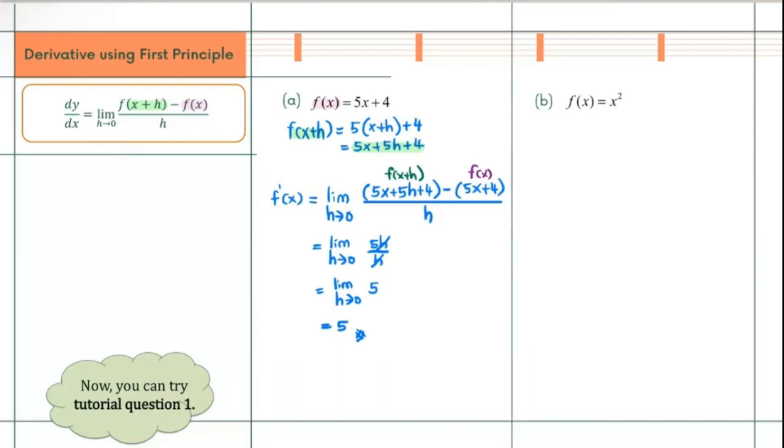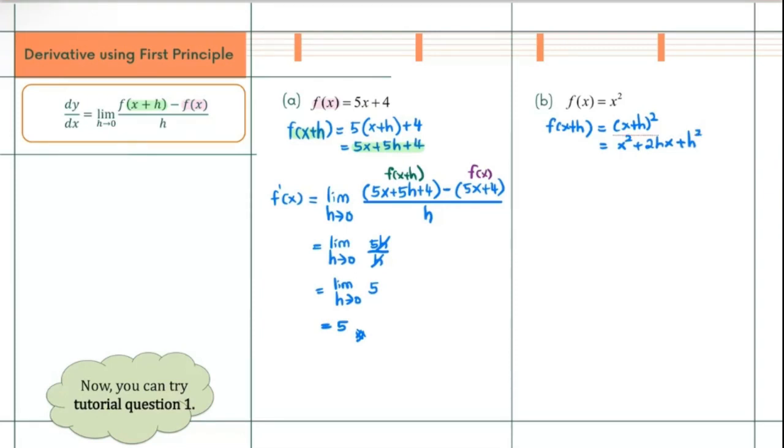Kita try lagi sekali. So, saya perlukan f of x plus h. Okay, so dalam x ini gantikan dengan x plus h squared. Okay, saya expand dahulu. So, I get x squared plus 2hx plus h squared.